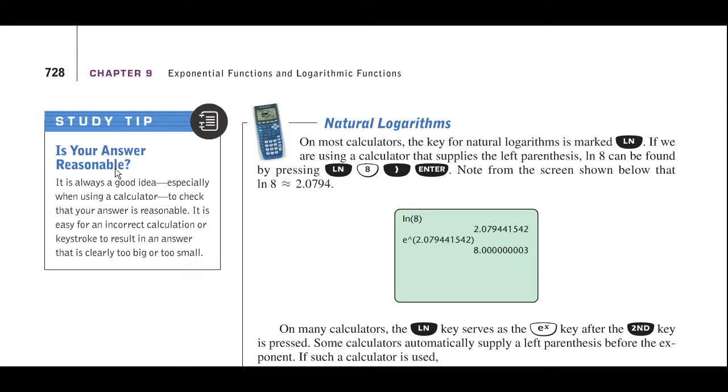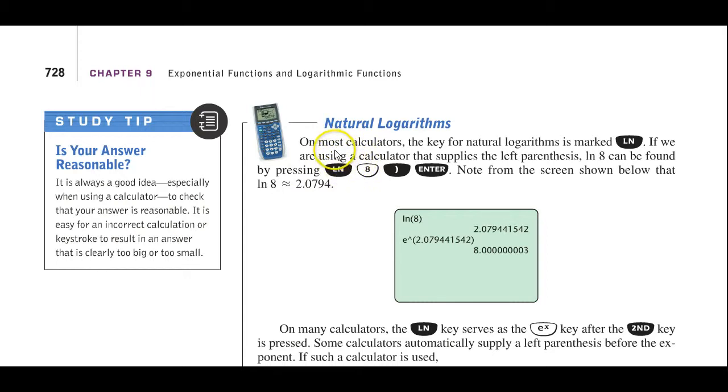So you might say, well, I had it in my calculator and this is what I got. Well, if by accident you hit the wrong key, you're going to get the wrong answer. There might be a possibility you would get something right, but 99.9% of the time, you're going to get something wrong. So you have to look at your answer and say, does it seem reasonable? That's why this is a study tip here.